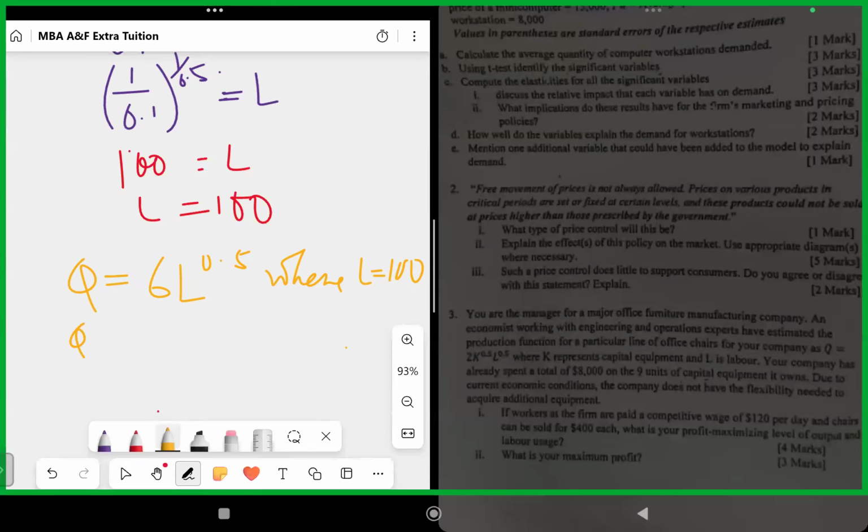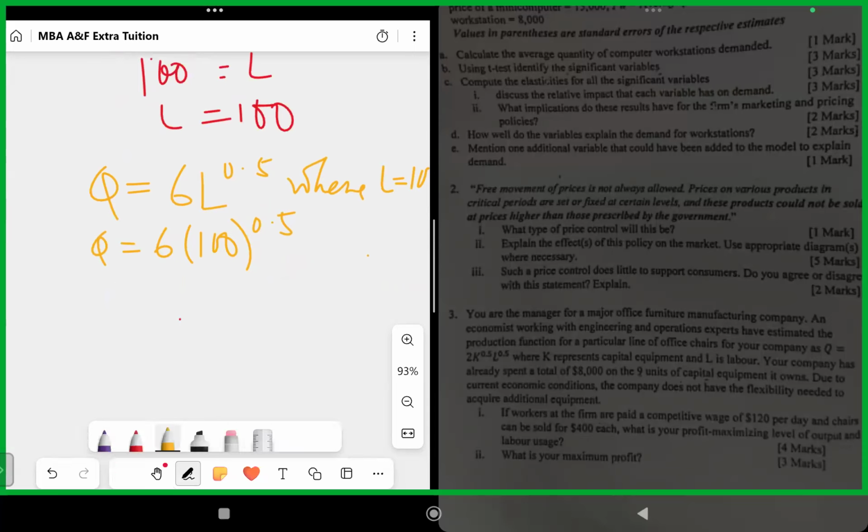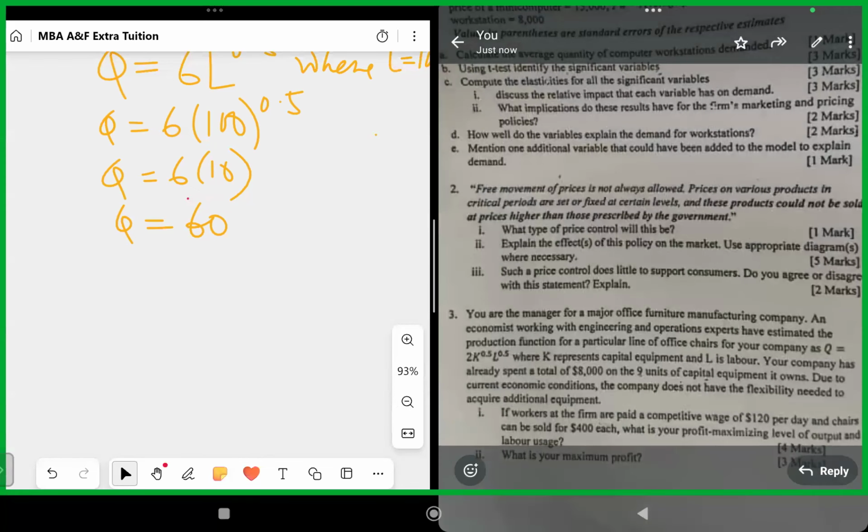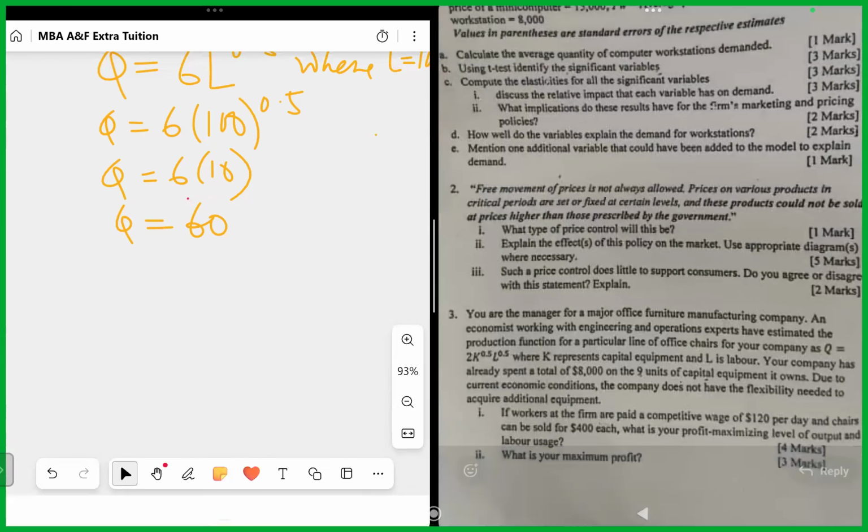So we're going to have K equals 6 times 100 exponent 0.5. And 100 exponent 0.5 will give us 10. So K equals 6 times 10, so K equals 60. That's the output usage. Now, all this gives us the solution to the question I.